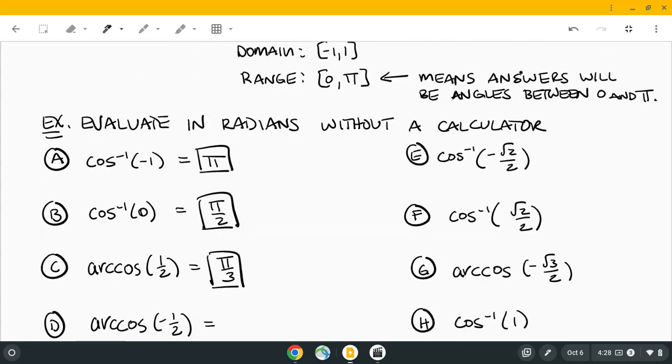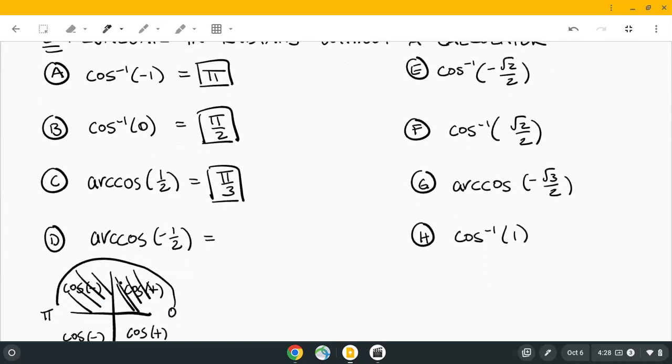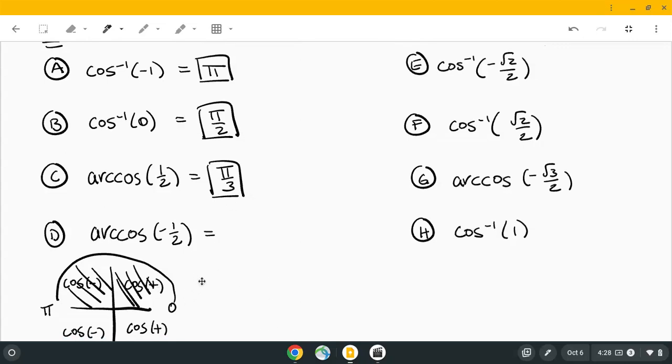It says right here, answers will be angles between 0 and pi. That's what that means. So when you're dealing with cosine inverse of a negative number, you have to get that angle that's in quadrant number 2, that has that reference angle that you're thinking of. So here it should have reference angle pi over 3, so it's actually 2 pi over 3.